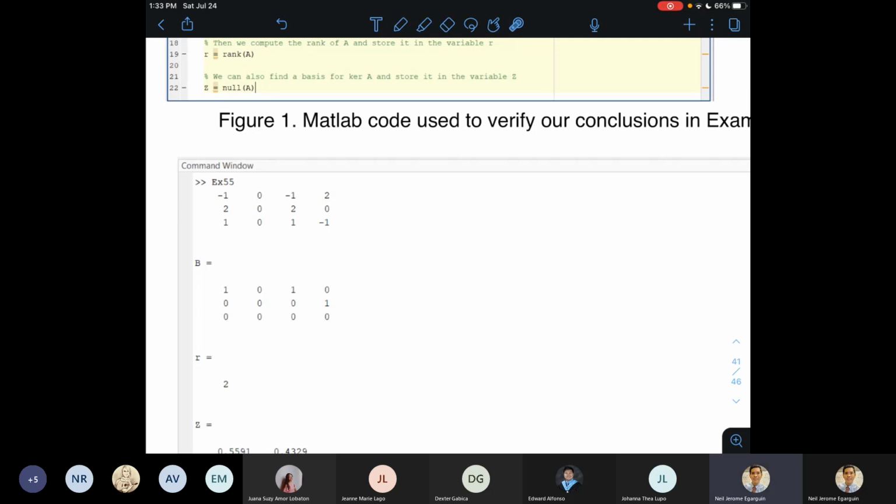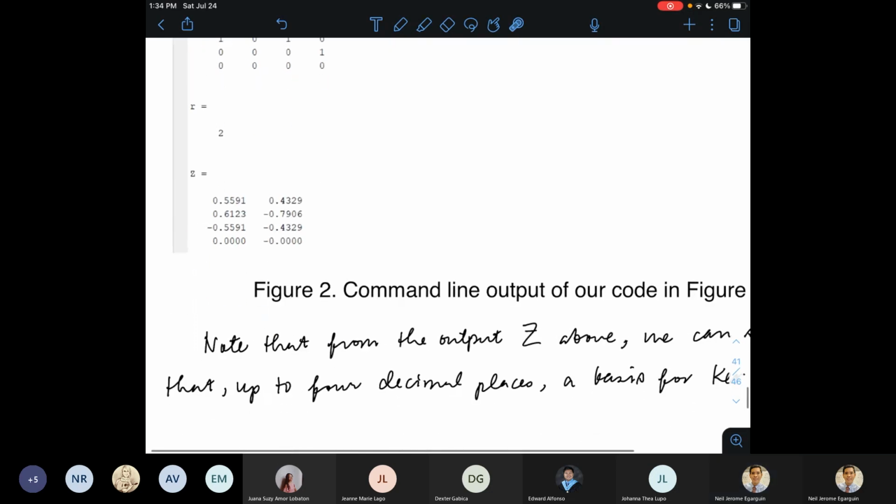Okay. And then last, to find the null of A. But again, in MATLAB's parlance, ang null A ay isang basis para sa kernel ni A. Again, this is a basis for ker A. So the columns of the matrix Z will be the basis for kernel of A. And this is the basis that MATLAB gave us.